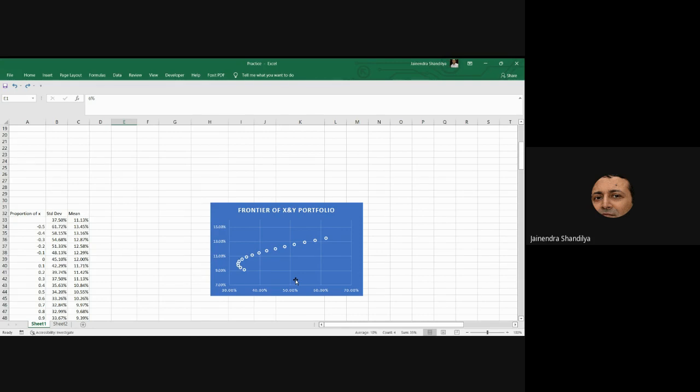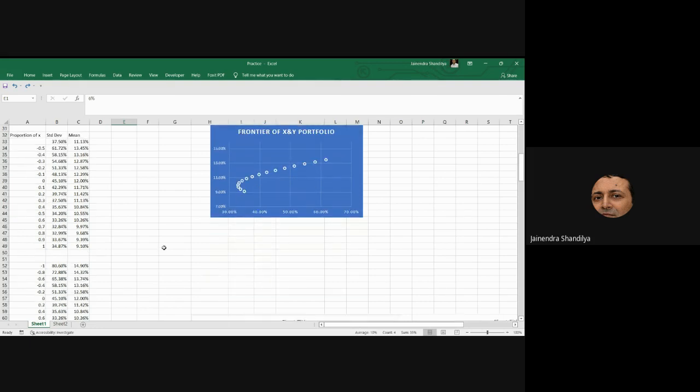However, if any of these stocks, 1, 2, 3, or 4, is outside this frontier, then I will not call it efficient. Why? Because why should I then be on this frontier? There are situations where I can select 100% of a particular stock and get a better return and better variance in terms of risk and return. So let's see that also.